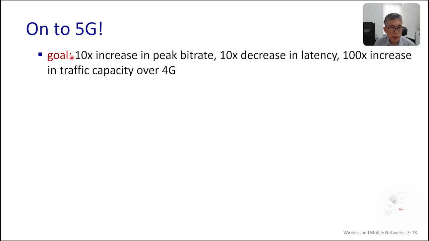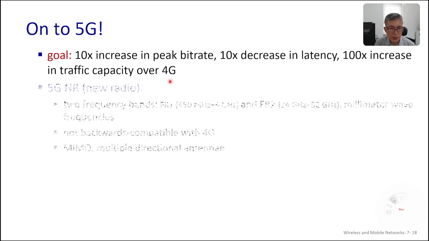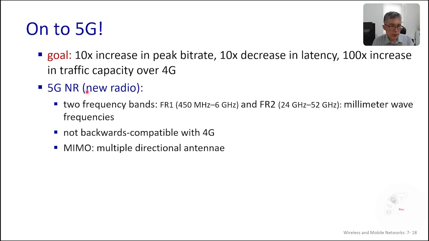Okay, so on to 5G. The goal is a 10 times increase in peak bit rate, 10 times decrease in latency, and 100 times increase in traffic capacity over 4G. So 5G NR, its official name is New Radio. Two frequency bands are used. The first frequency band is called FR1.